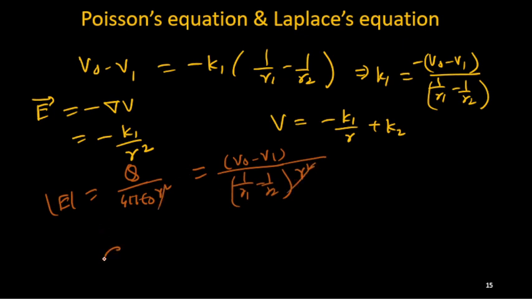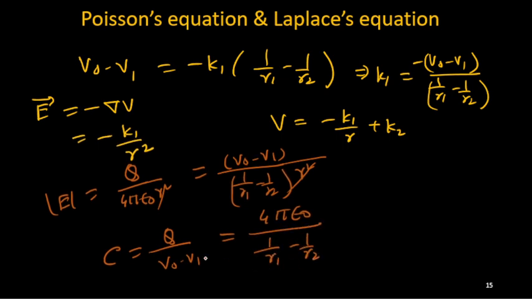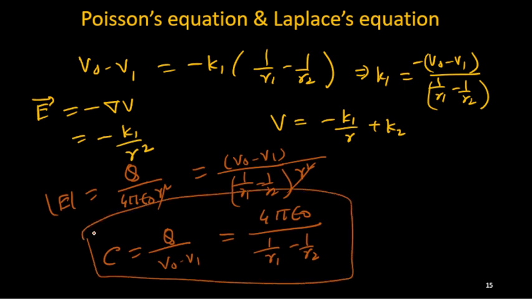So what is the capacitance C? C equals q by V, where V means V0 minus V1. So this is 4 pi epsilon naught upon 1 by r1 minus 1 by r2. This is the expression for the capacitance of two concentric spheres. I think you have got this one.